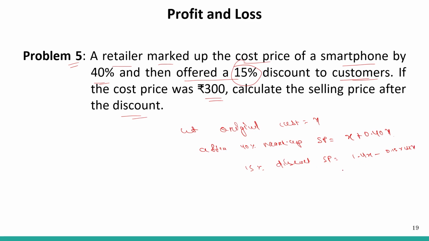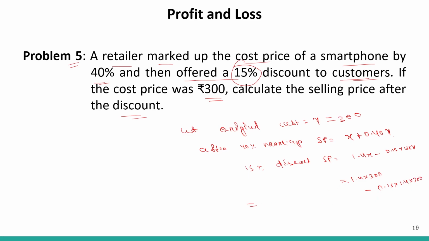So this will be the final selling price after 15% discount over that markup price. So if the cost price was 300, then calculate the selling price. Given to us that cost price is actually 300. So this is equal to 1.4 into 300 whole minus 0.15 into 1.4 into 300.